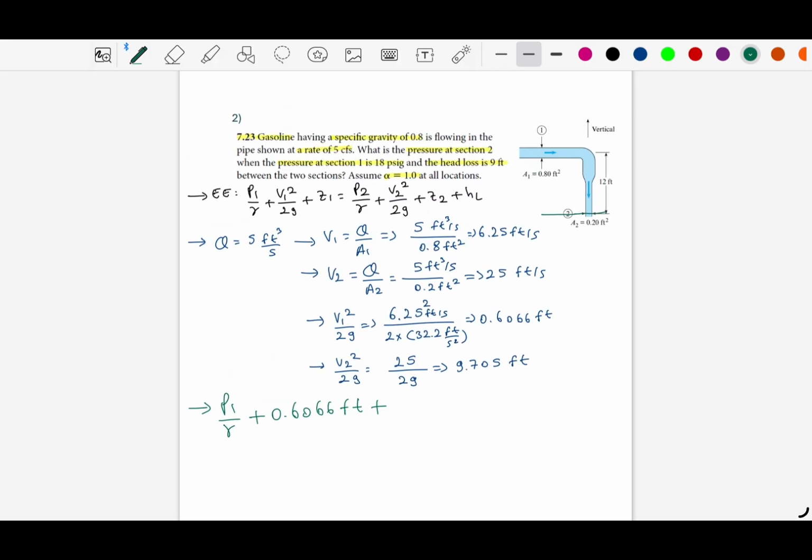So we can take this point as 0, and this will be 12 feet. So we have 12. This is equal to P2 over gamma plus 9.705 feet plus 0. And finally, since we have head loss, we will have 9 feet.